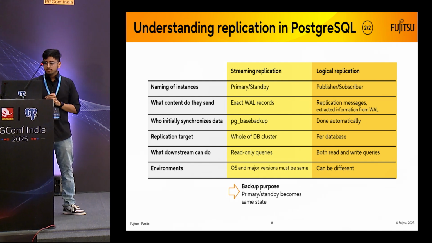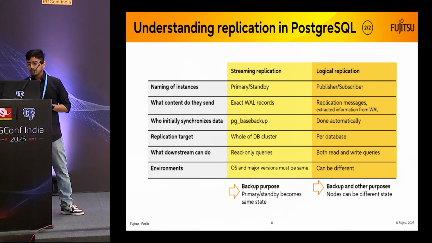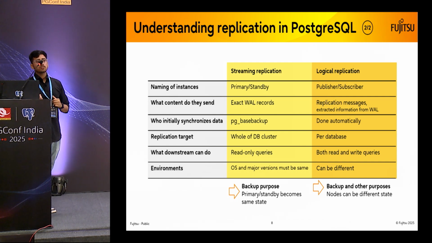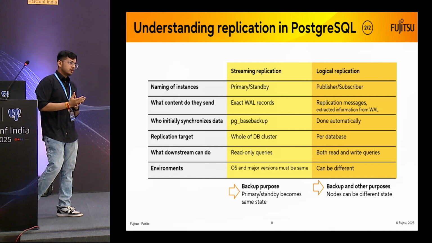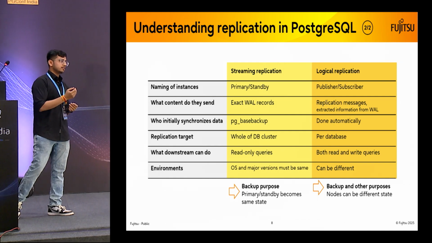Streaming replication is mainly used for backup purposes, whereas logical replication can be used for backup as well as other purposes, because in logical replication we can send specific columns as well. We can apply a row filter while replicating.